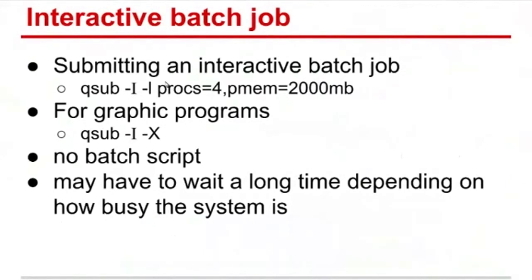For interactive batch jobs, there is no script, so you just need to specify your resource requirements with the -l. Depending on how many resources you ask for, this may sit in the queue for some time. So be prepared to wait.